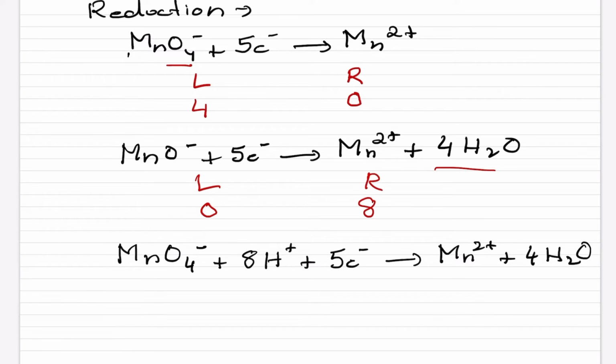Let's move on to the 6th rule. Balance the charge of each half reaction by adding electrons. So now we have to balance the charge of each half reaction by adding electrons. Let's first of all write down the equation.